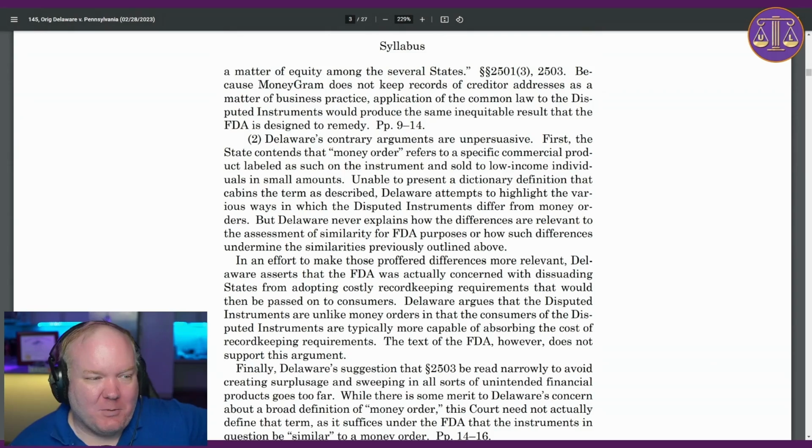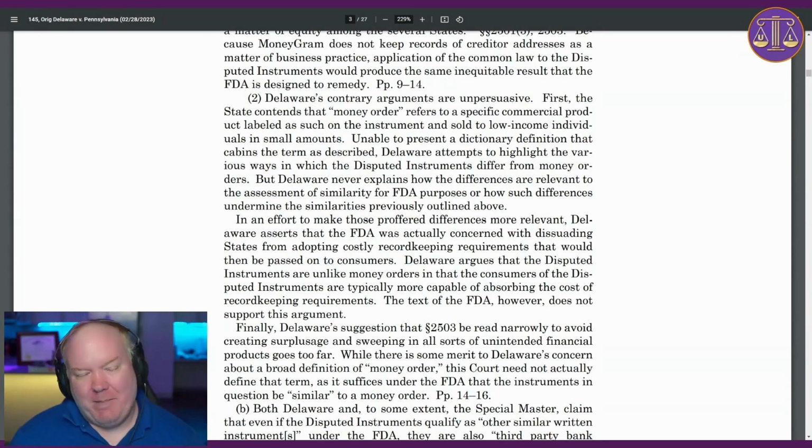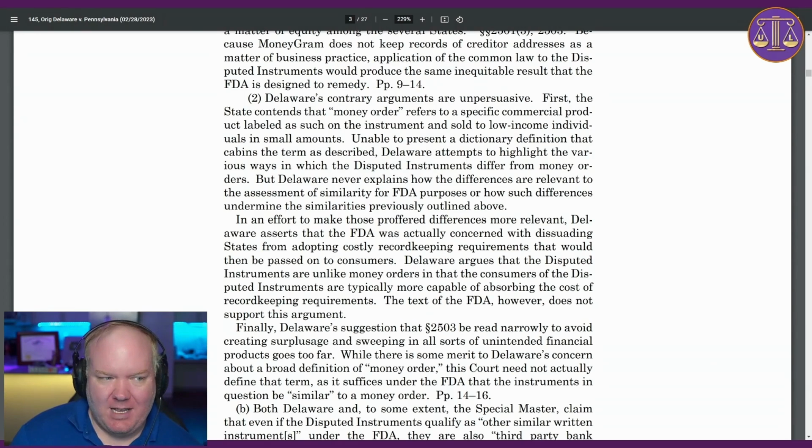Delaware's contrary arguments are unpersuasive. Their contrary arguments mostly being, we're about to have to write some really big checks. First, the state contends that money orders refers to a specific commercial product, labeled as such on the instrument, and sold to low-income individuals. So money order is only a money order if we call it a money order.